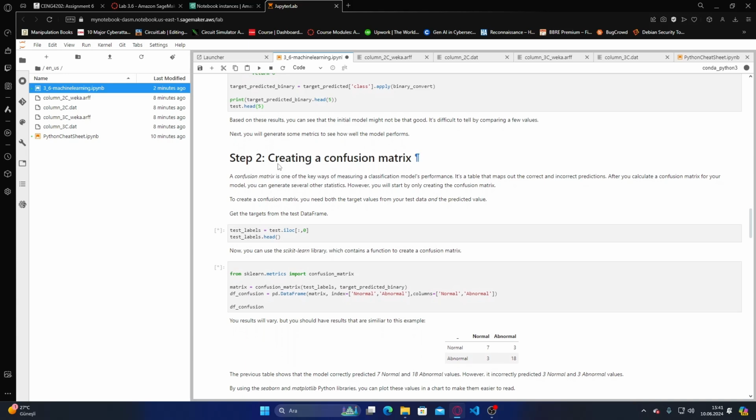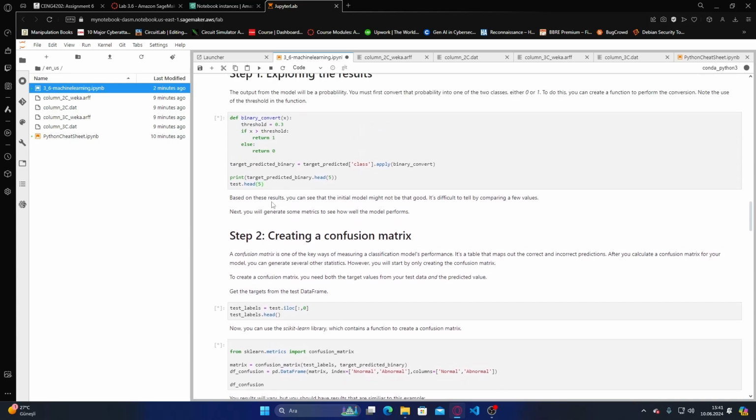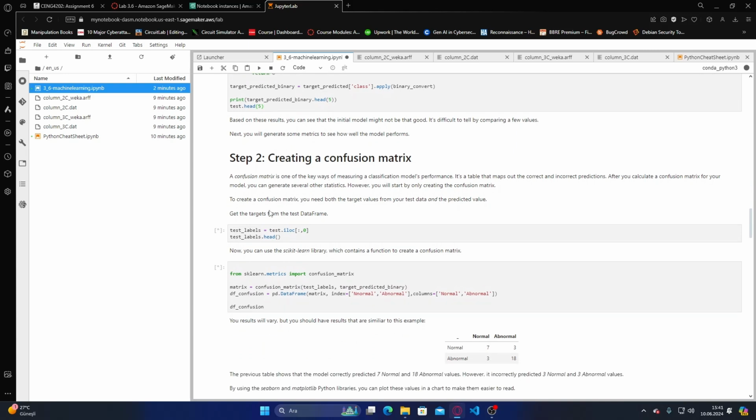In creating the confusion matrix, this is actually one of the keys to measuring a classification model's performance. It's a table that maps out correct and incorrect predictions. If it's normal and the AI says it's normal, or it's abnormal but says normal, and so on.